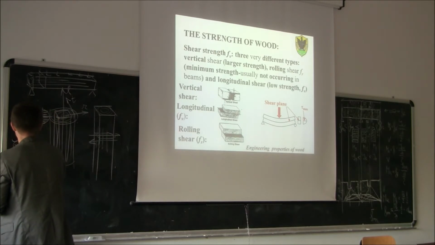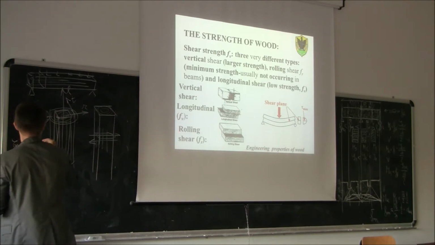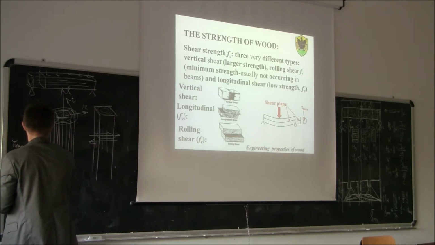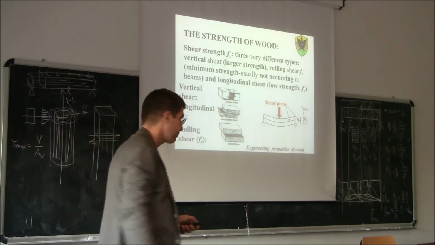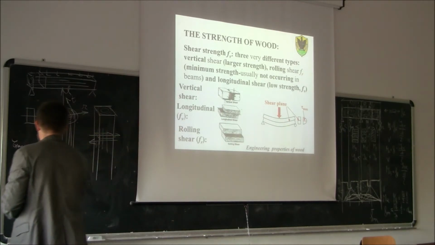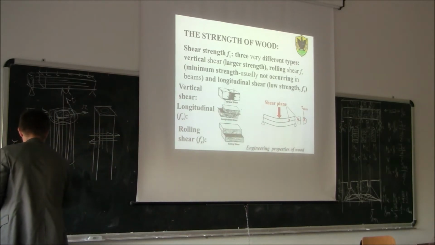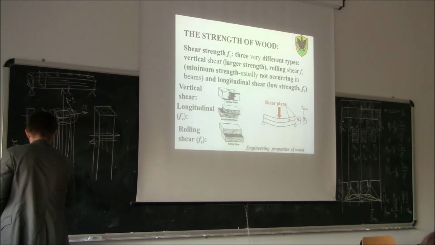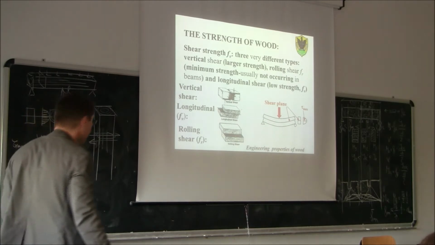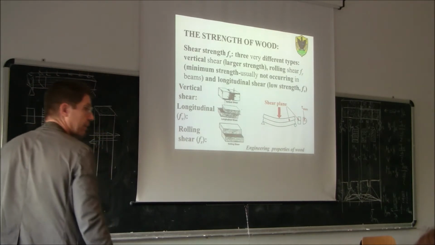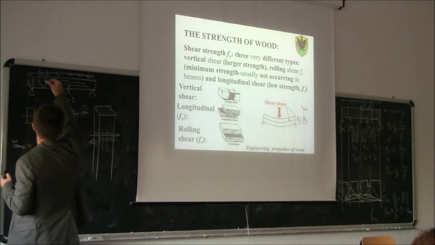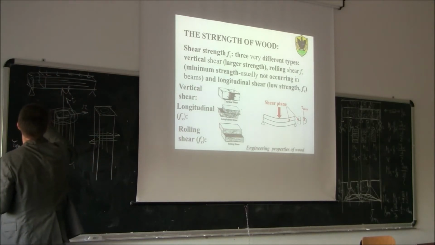Now, tau max equals the shear V divided by the shear area. Shear area is 2/3 of the area. So we can expect basically to have a shear problem here on this fiber here.